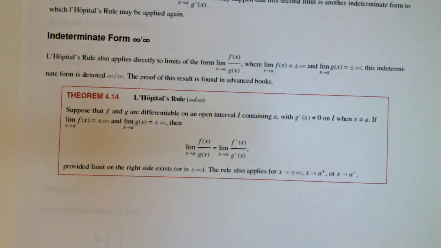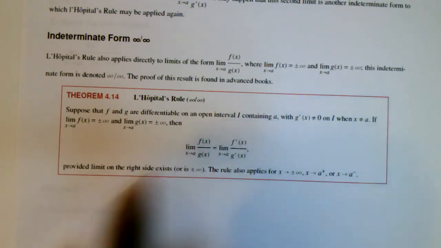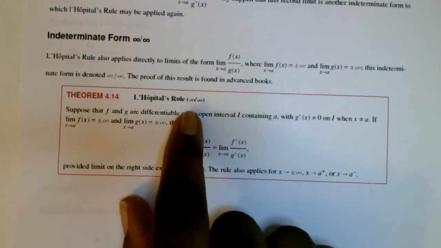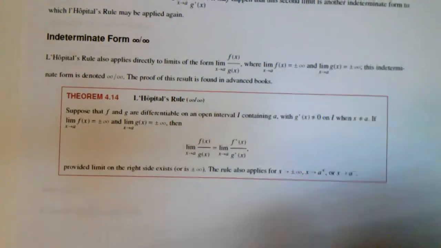That rule still applies for plus or minus infinity, provided that the limit on the right side exists or is plus or minus infinity. It also applies for x approaches plus or minus infinity, and also for x approaches a from the right and from the left. So it's pretty much the same L'Hopital's rule, but just for infinity over infinity.